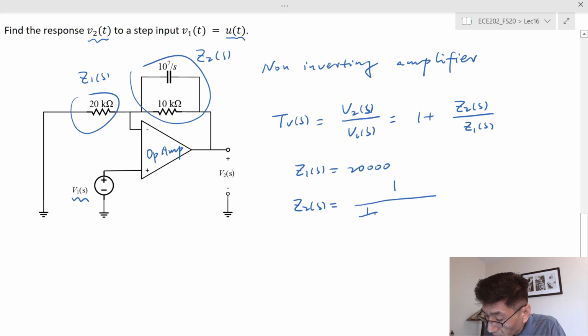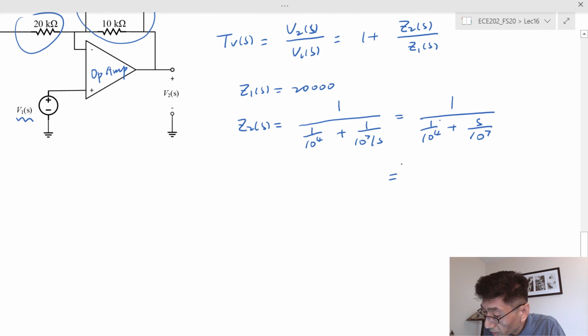So I got 1 over 10 to the power 4, plus 1 over 10 to the power 7 over s. Let me do it in 2 steps: 1 over 10 to the power 4 plus s over 10 to the power 7.